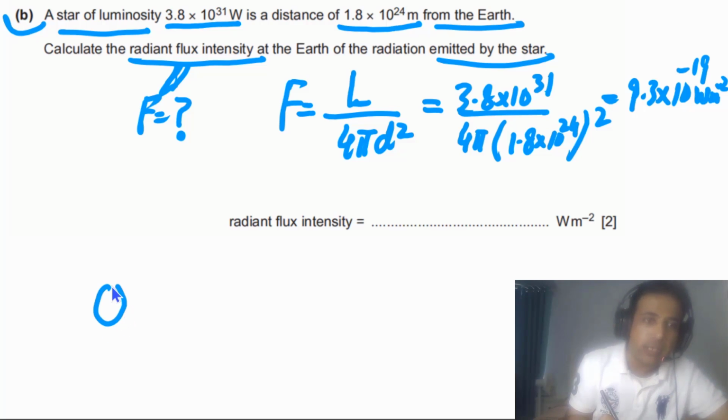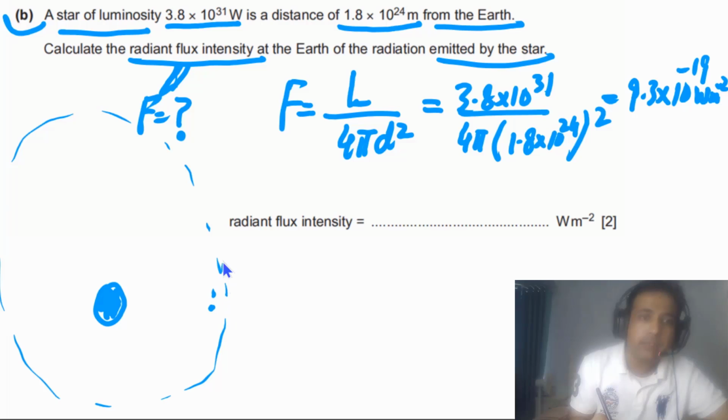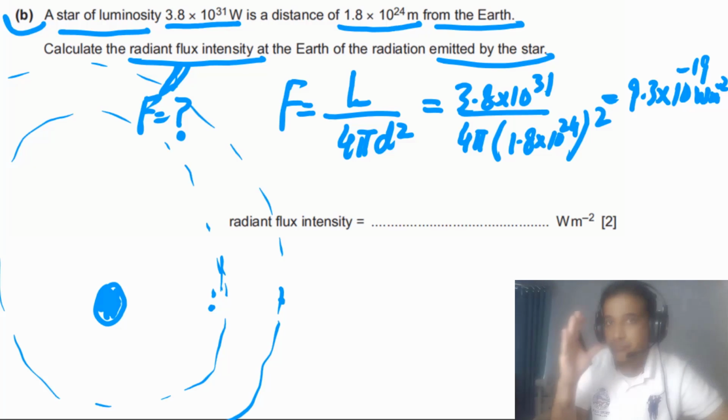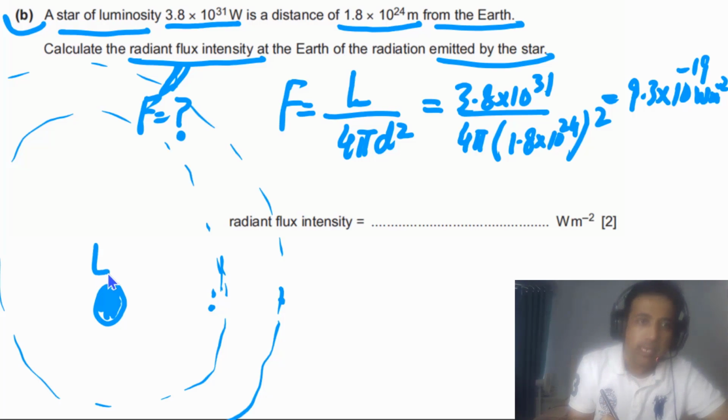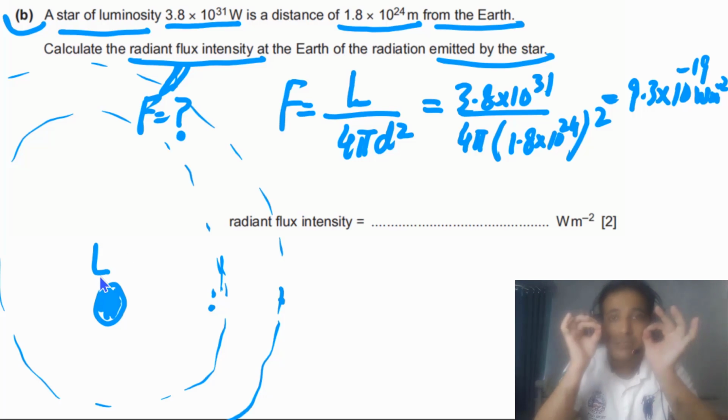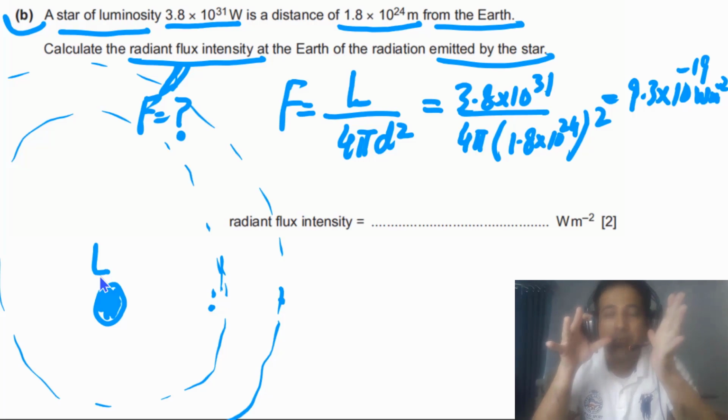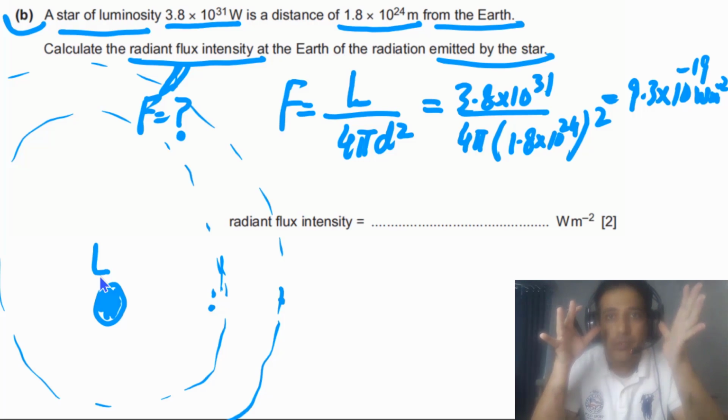When this star is emitting energy per unit time, this energy will spread over this surface area. As the distance gets larger and larger, energy per unit area will go on decreasing. So intensity depends on distance, but the luminosity of the star, L, is an intrinsic property of the star, and it does not depend on distance.